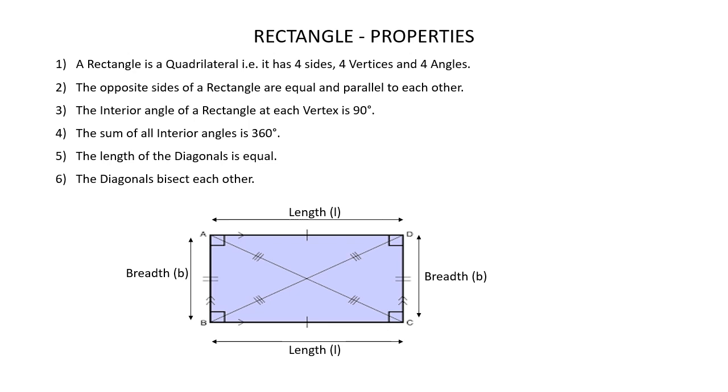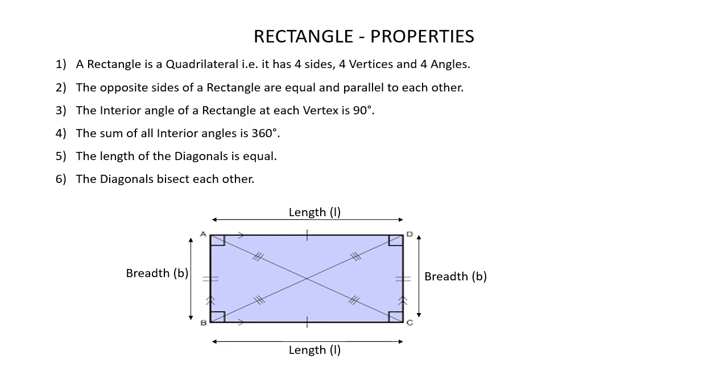They are AB, BC, CD and DA. Also, this rectangle has 4 vertices A, B, C and D. This rectangle also has 4 angles, angle A, angle B, angle C and angle D.